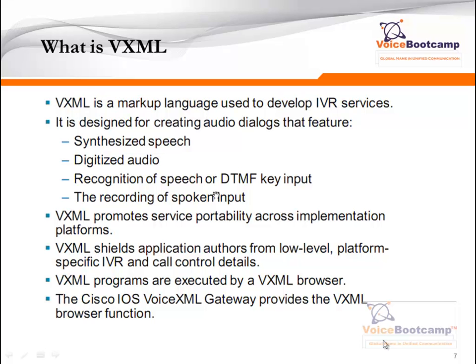For small deployment, the Ingress Voice Gateway or Inbound Voice Gateway and Voice XML Gateway can be typically deployed on the same router. Cisco iOS Voice XML Gateway can provide gateway and Voice XML functionality at the same time. Of course, for simple call processing, when a new call arrives, the voice gateway matches an internal dial peer, which will then send the call to a Voice XML Gateway port.